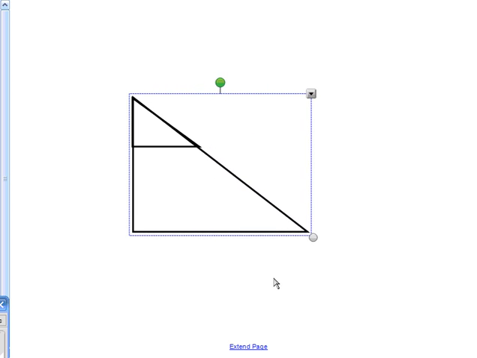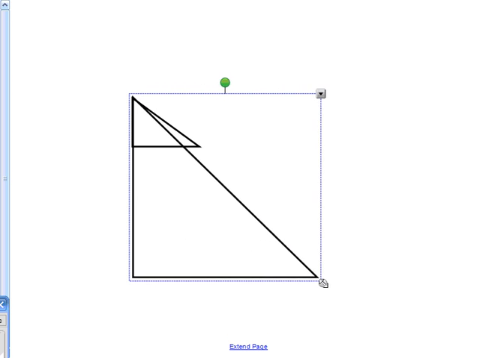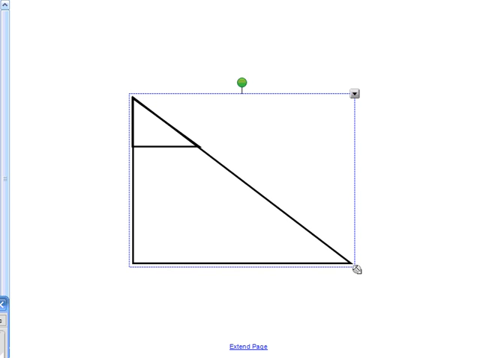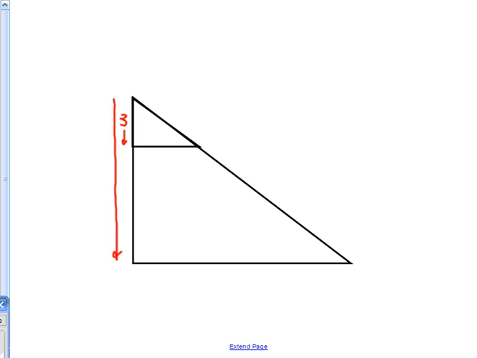Oh, that triangle's growing. Can you describe how that triangle grew? You're correct. It grew proportionately. If this triangle originally was 3 units and now it's 9 units, how many times bigger did our triangle get?